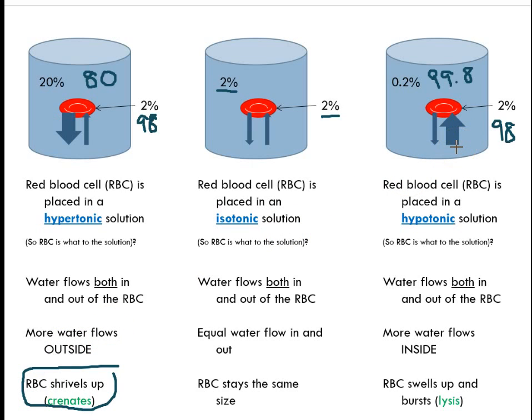And because of that, water is rushing into the cell. Because water is rushing into the cell, a cell is going to get really big and eventually explode. Here, we're going to see a happy cell, because this is what it wants to be like. And here, we're going to see a cell eventually shrivel up, and either one of these won't be able to function well.